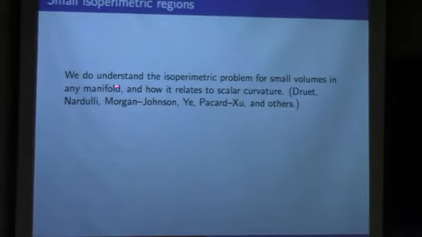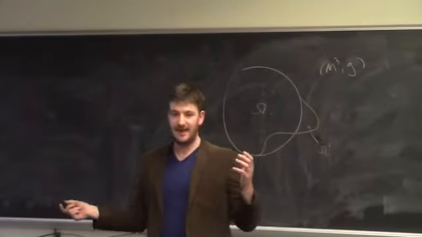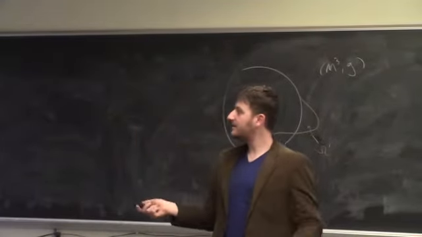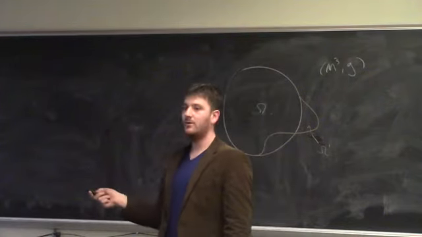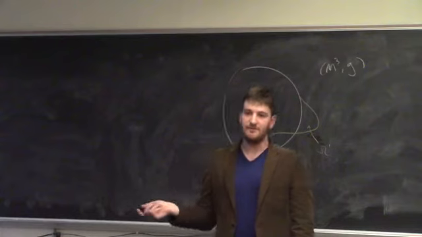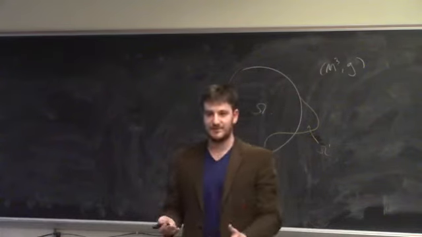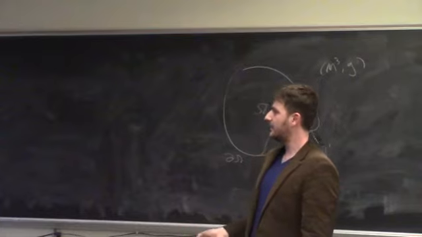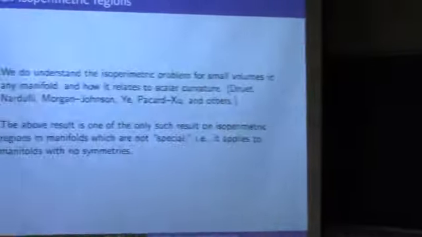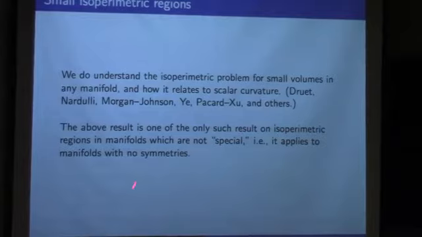It turns out that if you look at small volumes in any, say, compact manifold, then we can understand very nicely how the isoparametric problem for small volumes acts. Okay? And it has a nice answer, and it's related to scalar curvature.